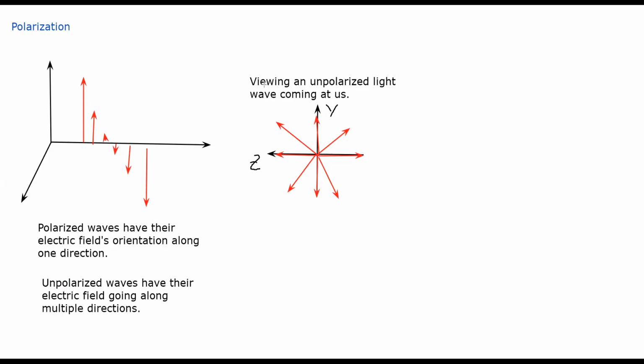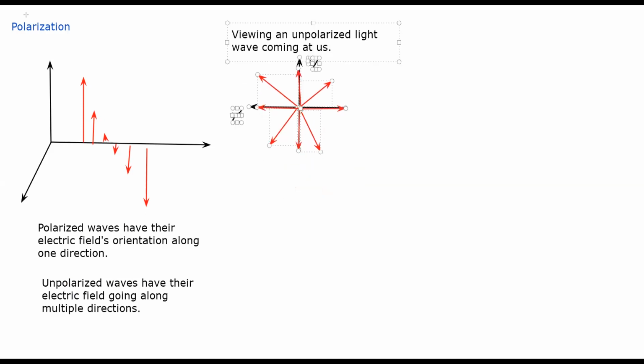So here are our two different waves, and we're going to have these waves interact with something called a polarizer. A polarizer is very picky about how these waves come in, and we use polarizers pretty often. If you have polarized sunglasses, that means they only let through light that has a certain orientation.